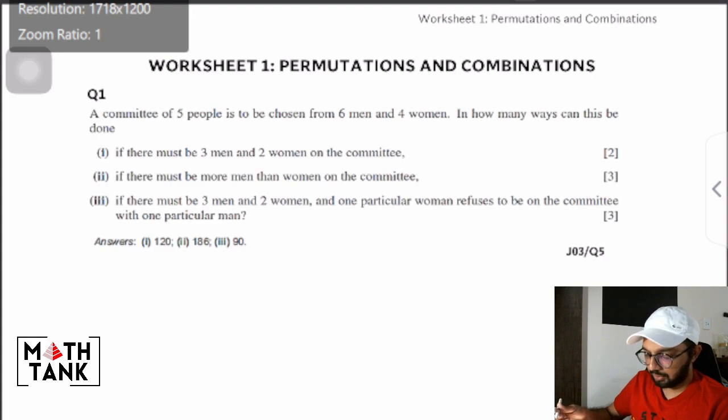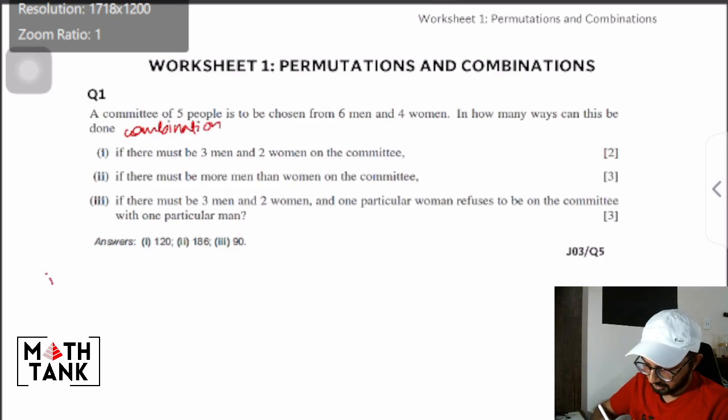Okay, beginning with question number 1. There's a committee of 5 people to be chosen from 6 men and 4 women. If there must be 3 men and 2 women on the committee, this is a relatively easier one.